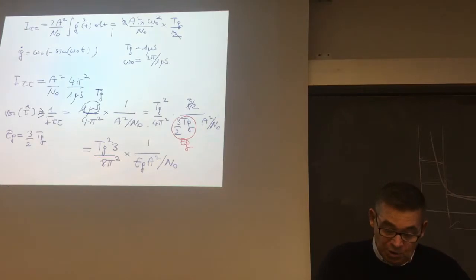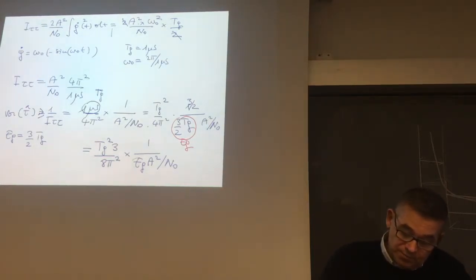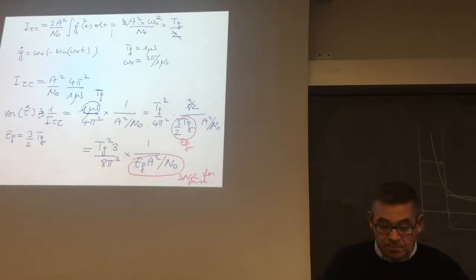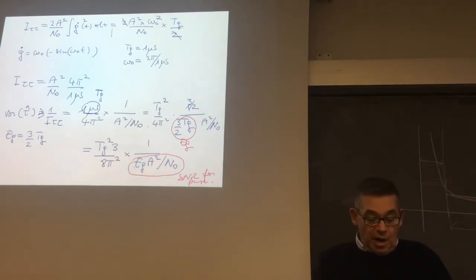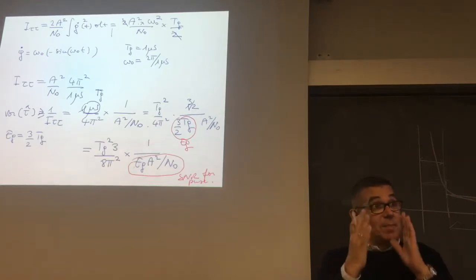Usually, this term is called the signal to noise ratio. So the variance depends on the square of the Tg scaled by 3 divided by some numbers. So the variance depends on Tg.